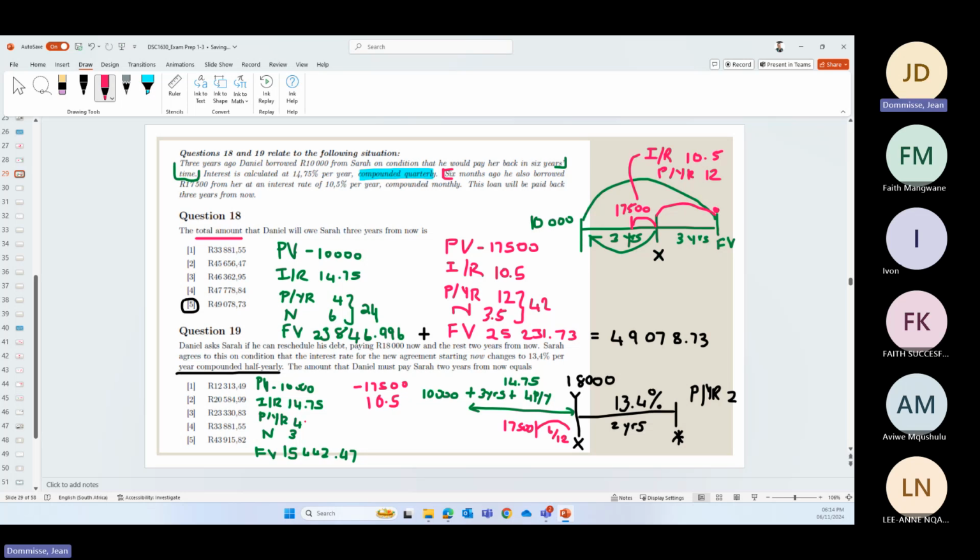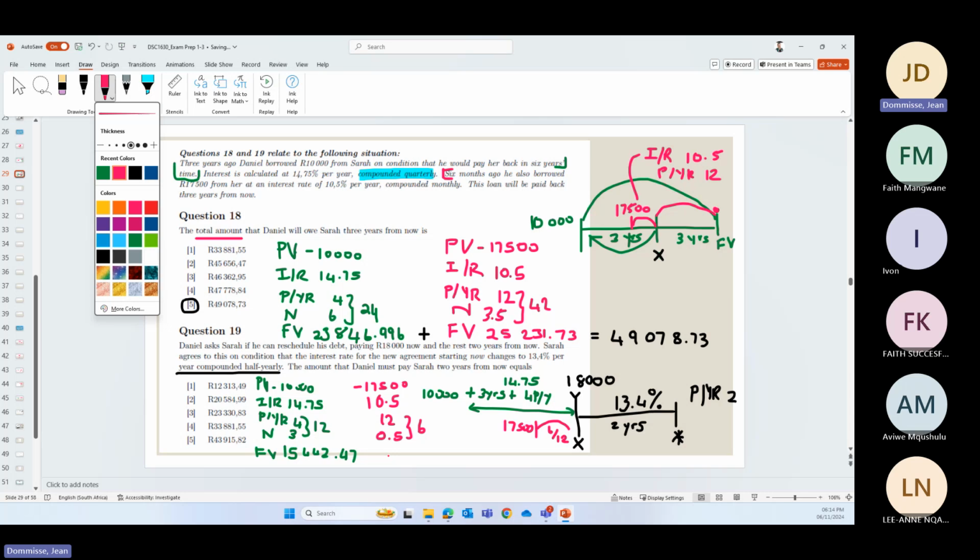Our periods per year were 12 because it is monthly, but it was only for half a year. So that would only be 6 periods. This one was 12 periods. And then let's see what our future value is at that point X.